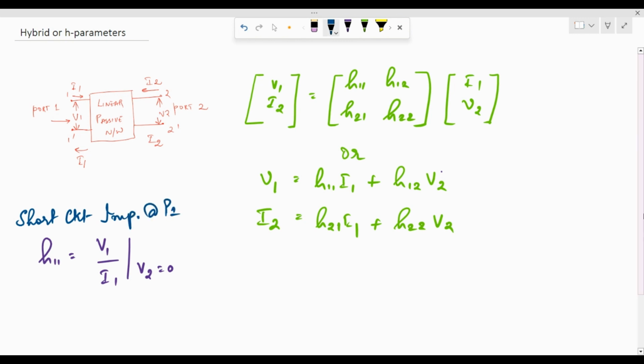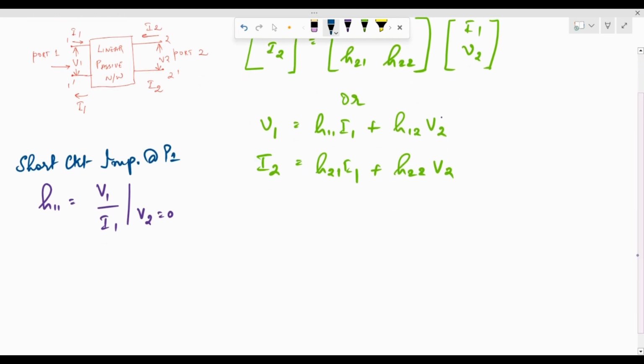On the other hand, if I consider I1 to be 0, then I can find the value of H12 in this manner. So I'll get H12 is equal to V1 by V2, provided I1 is equal to 0. So if we look at this, it is actually a gain.